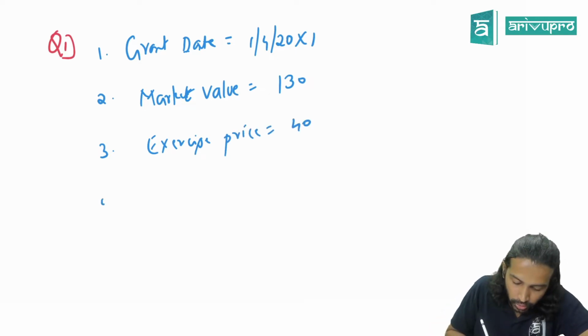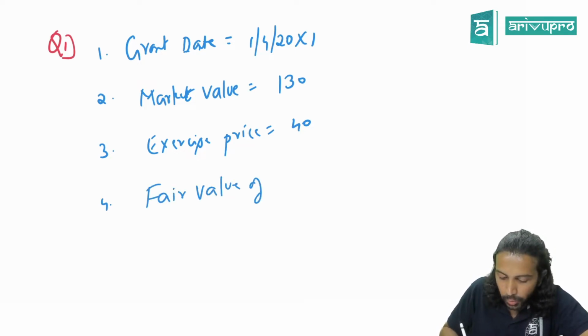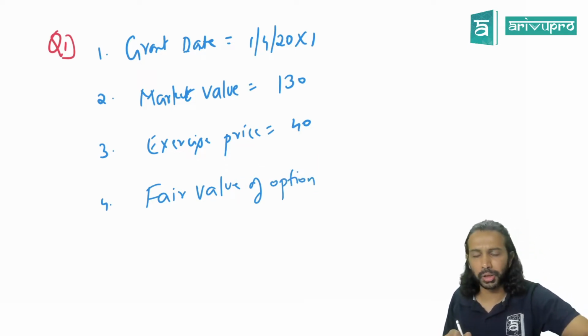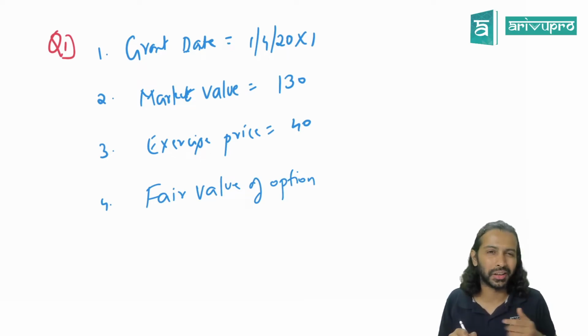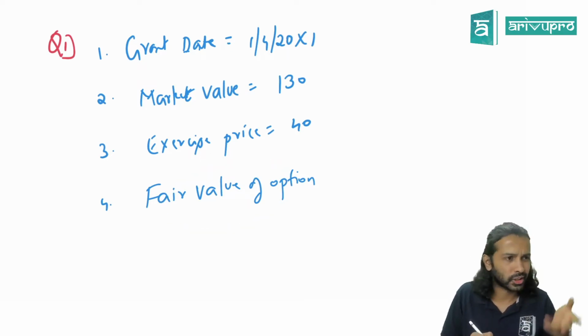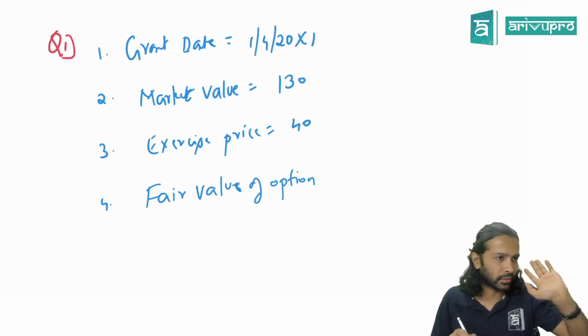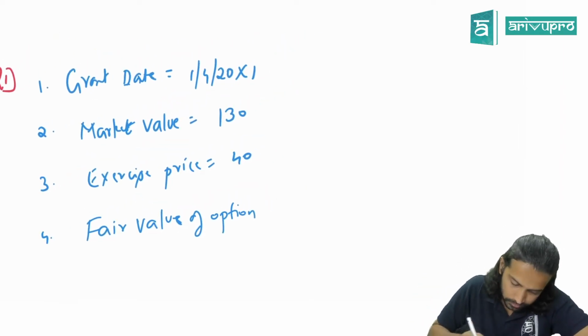Is there any discount here? Instead of discount, we can call it intrinsic value, or the fair value of the option. We'll use this term because this is the terminology you'll be using going forward in CA Final. Our material uses both, so we'll stick to this so that it stays with you in the long run. Fair value of the option is nothing but the discount. So how much is it?